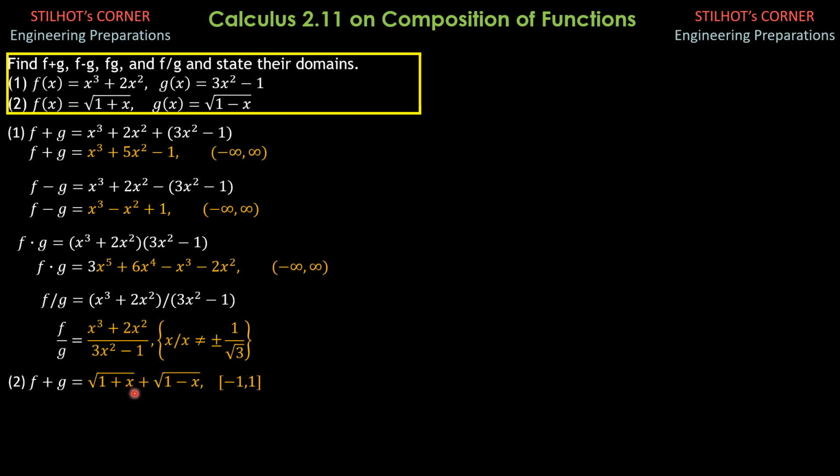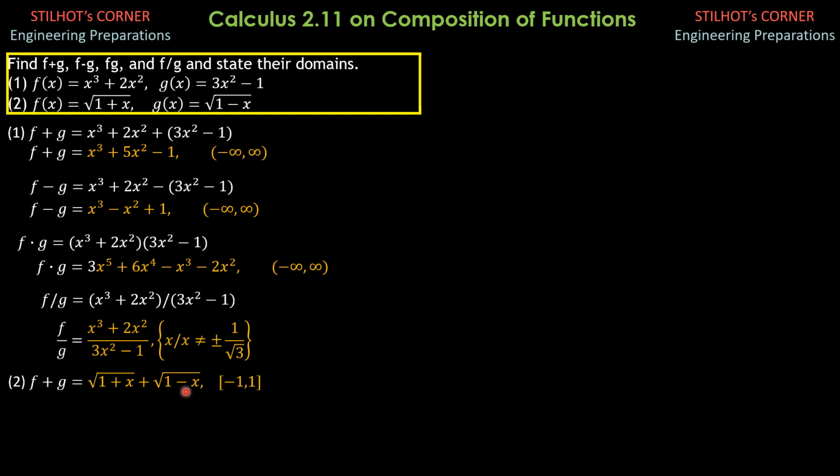From here, it can be negative 1 so that it is square root of 0. For values of x less than negative 1, such as negative 2, this becomes undefined. The square root would be an imaginary number.